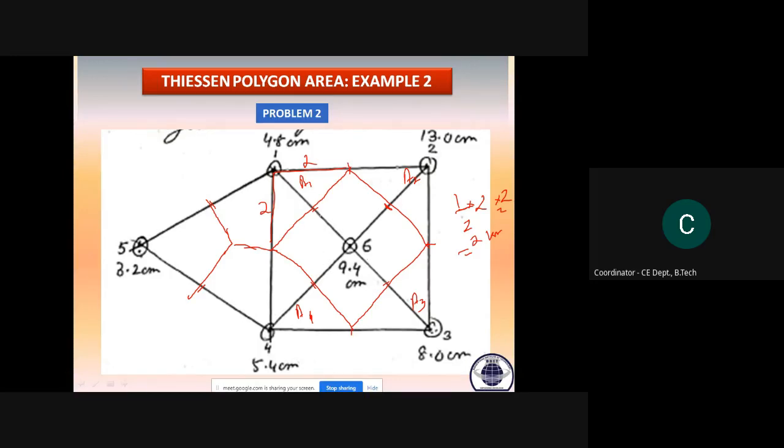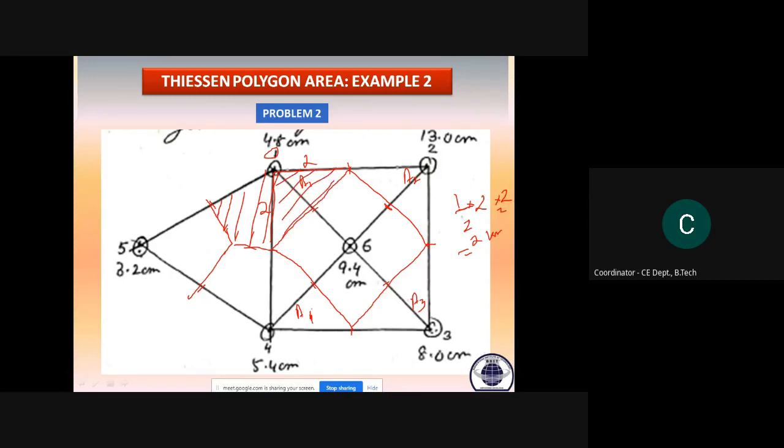Now what is the area of this middle portion? See, A2 equals A3. A2 and A3 will have same value, that is 2 kilometer square. But sorry, for A1, point number 1, area will be this one, summation of this value plus this value.